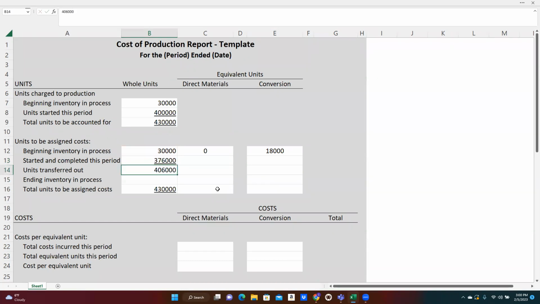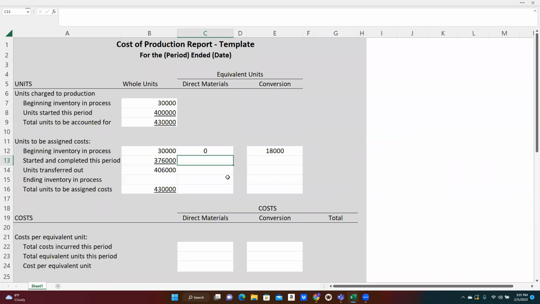And so that means, as I already said, 376,000 of those units were started and completed this period. Again, the first 30,000 were already started from last month, and those were finished, transferred into finished goods, and then we started another 400,000. 376,000 of those units were finished, and the rest were left in ending inventory.